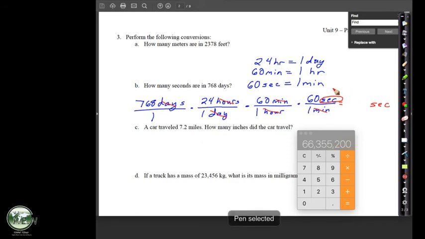Okay, so I didn't get 66,355,200. Is that what you got? Sometimes I enter the numbers wrong, but okay. But if you approach unit conversions this way, you'll always be just fine.